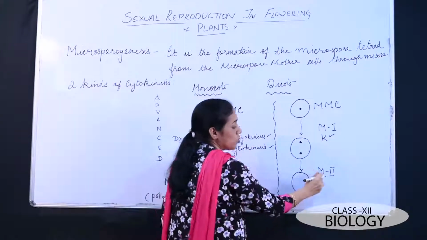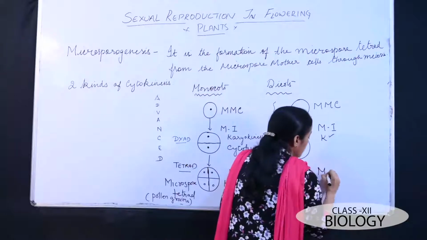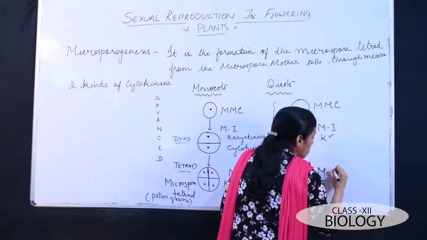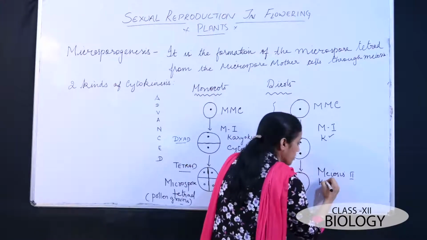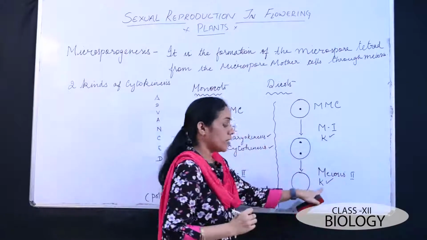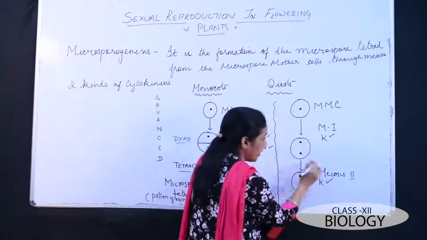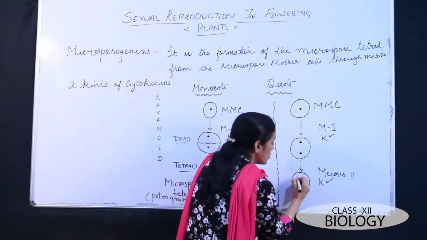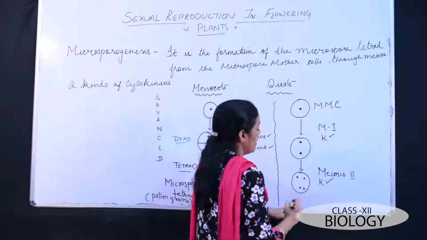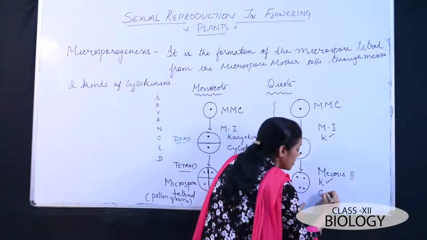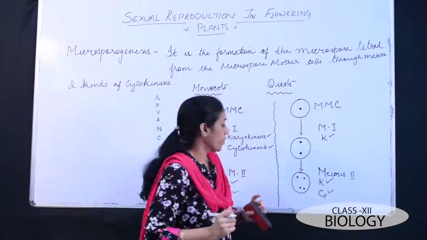And when meiosis 2 occurs, karyokinesis is followed by cytokinesis. So first we will make the division of the nucleus, so we can see 4 nuclei being formed.